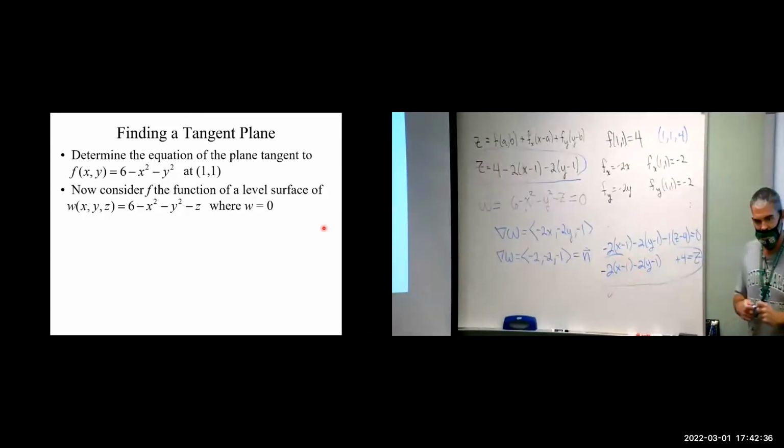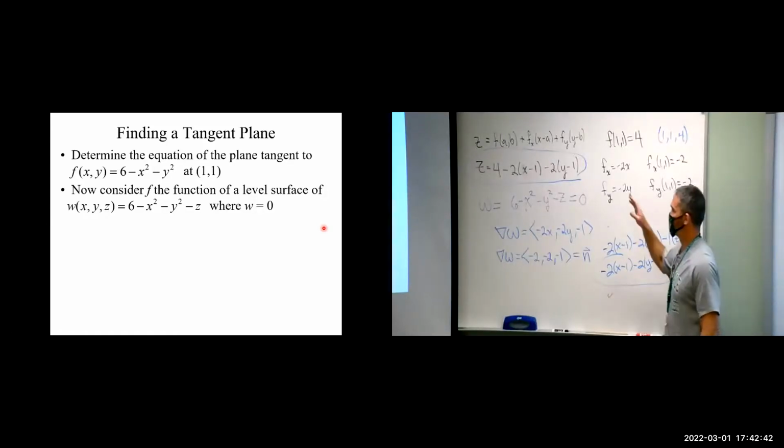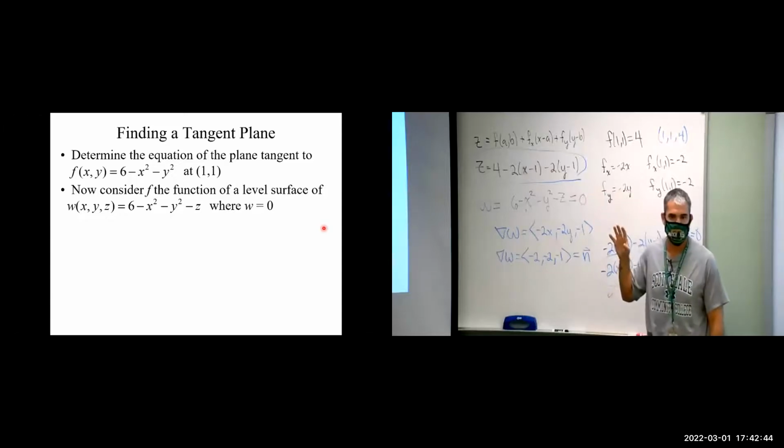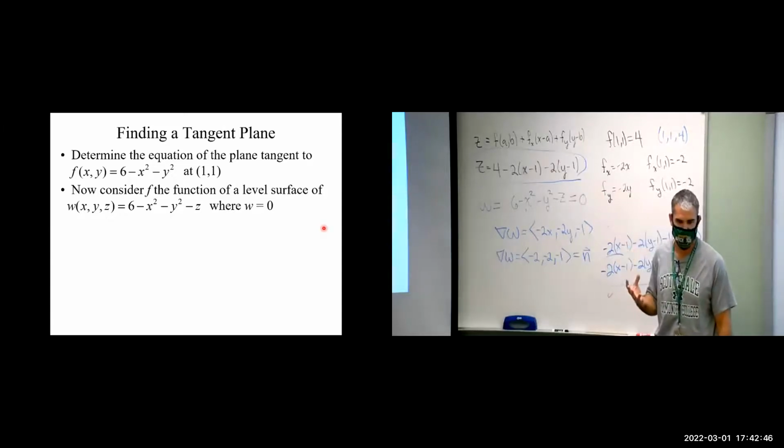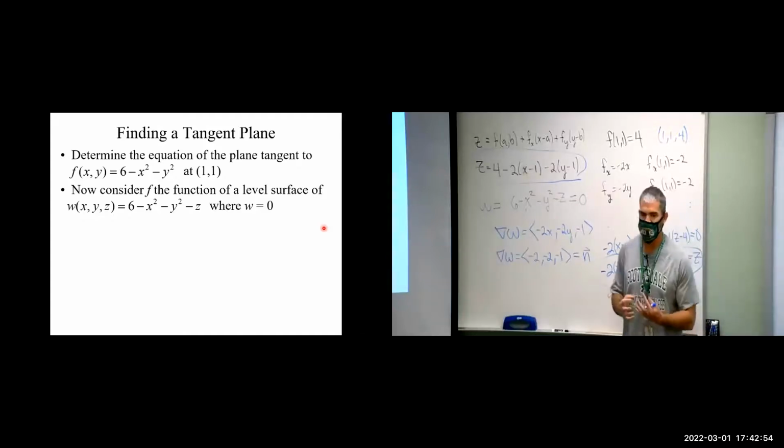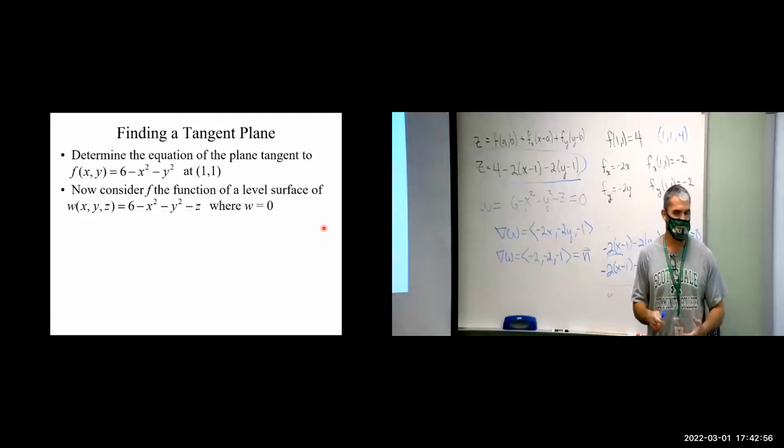So another way of finding a tangent plane is to treat the function of 2 variables as a level surface of a function of 3 variables, finding the normal vector, and then doing point normal form of a plane. Depending on what you're given and what you're working with, one way may be easier than the other.